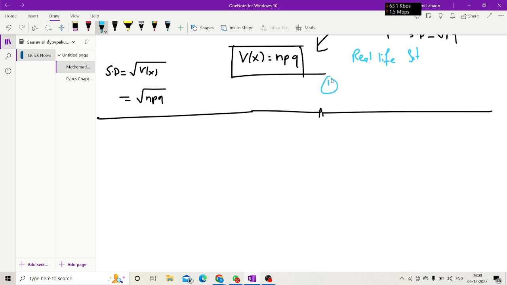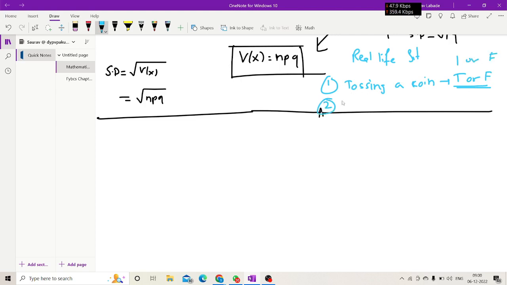I can assume the situation that I am tossing one coin, only one time. This will be one real life situation of the Bernoulli distribution. What will be the result? It will be true or false. That means I have two outcomes, success or failure. So this will be one situation.